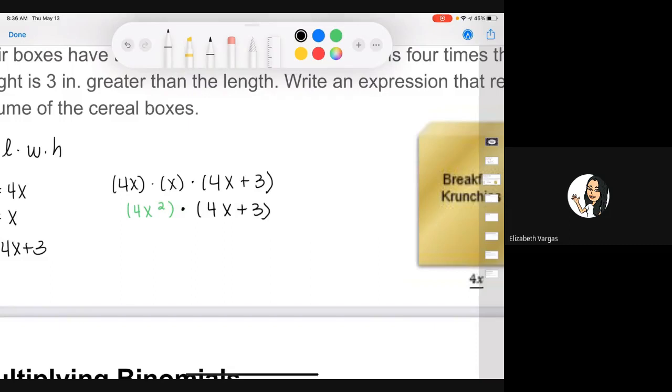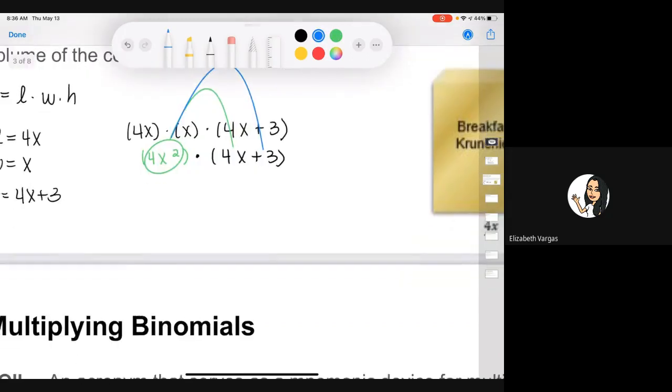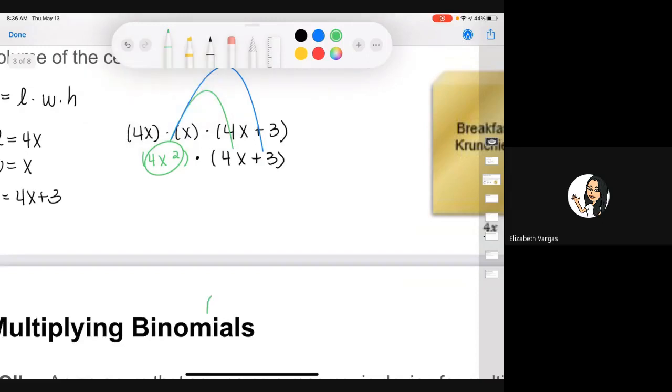So we want to go ahead and further distribute. So I'm going to take this that I just found, and I'm going to distribute it into here, and then I'm going to distribute it into this variable. Okay, so that gives me 4x squared times 4x plus 4x squared times 3, sorry.